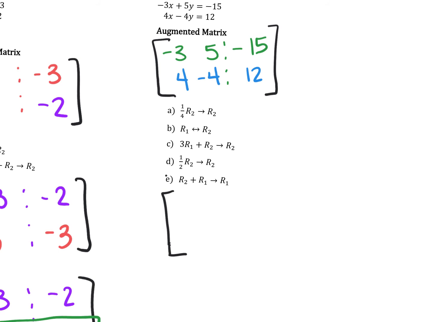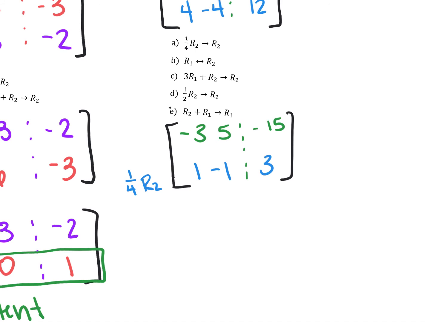So first thing, leave this row the same: -3, 5, -15. Bottom row, dividing by 4 with 1/4 R2, I get 4 times 1/4 is 1, -4 times 1/4 is -1, and 12 times 1/4 is 3.